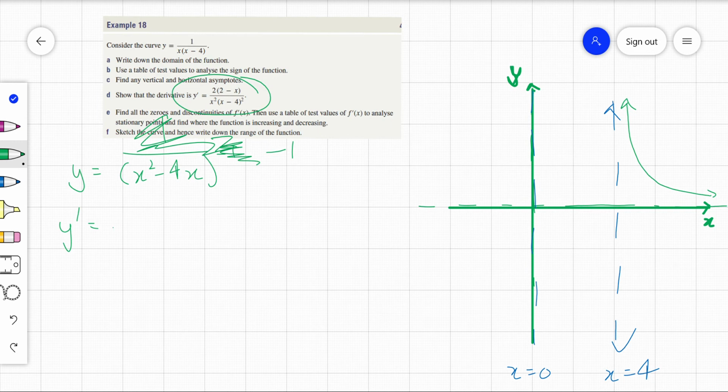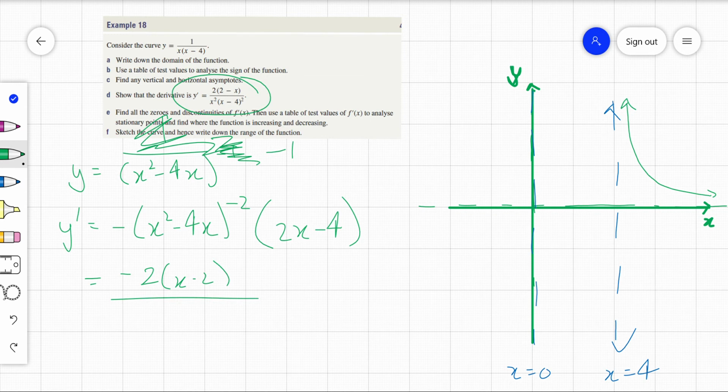All right, so we're going to put negative out the front, (x squared minus 4x) to the power of negative 2, and I'm going to multiply, so using chain rule, by 2x minus 4. And you can see there that we will get, if I've still got a minus out the front, if I factorize by 2, I get x minus 2.